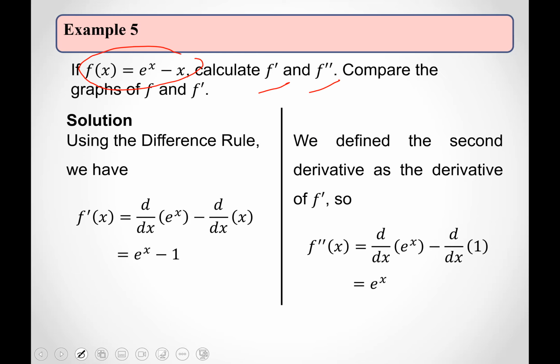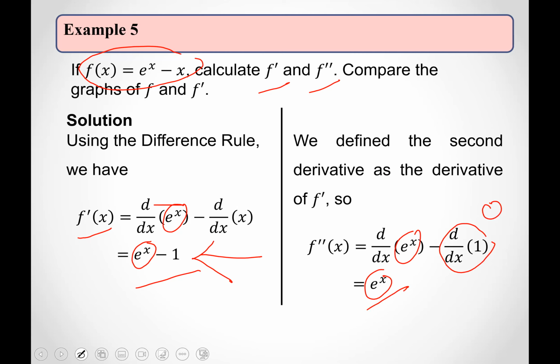And we know that d over dx of e to the x is e to the x itself, and the derivative of x is equal to 1. So the first derivative is equal to e to the x minus 1. Now, to compute the second derivative, we start from the first derivative and take another derivative. Again, d over dx of e to the x is equal to e to the x, but d over dx of 1 is 0. So it is equal to e to the x.